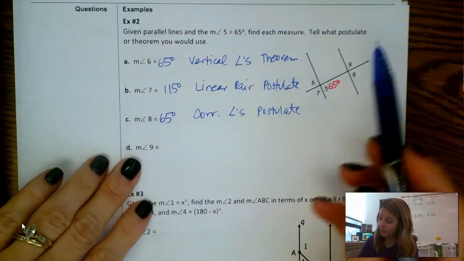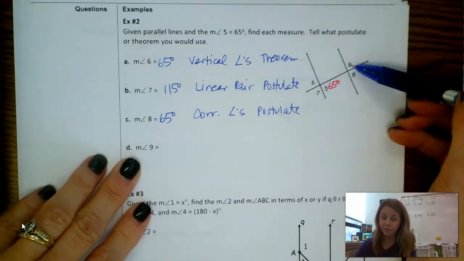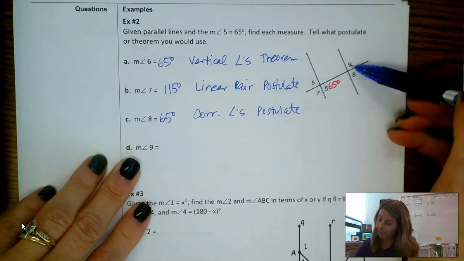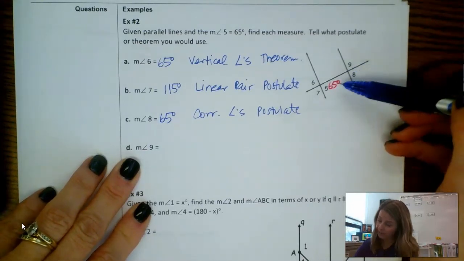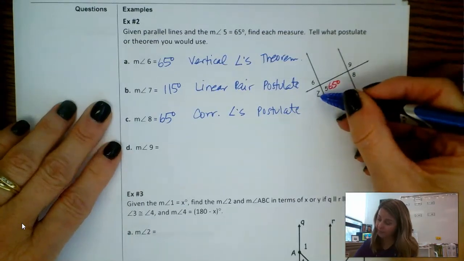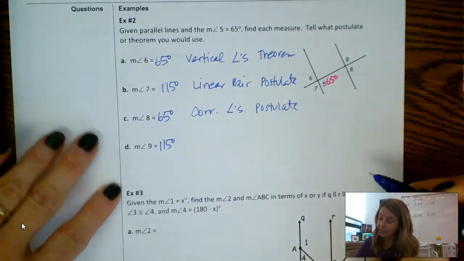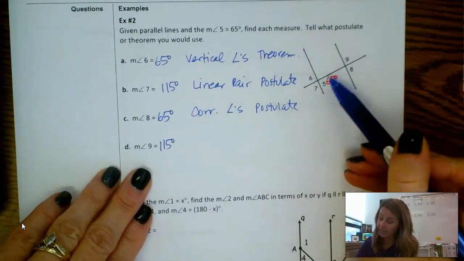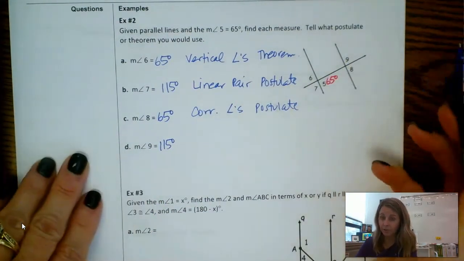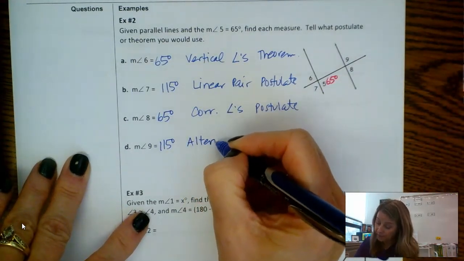Okay, number 9. So from 5, 9 doesn't have a direct relationship, but I could relate it back to 7. We said 7 was 115, so that means 9 is 115. So I'm going to say that 9 and 7 are congruent by the alternate exterior angles theorem.